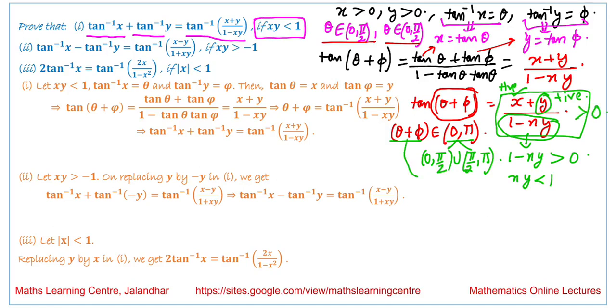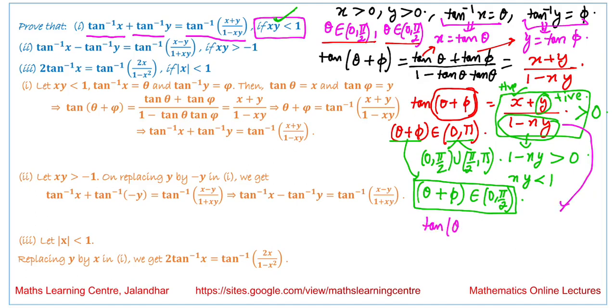This whole term will be greater than 0. It means in this case the value of theta plus phi will belong to the interval 0 to pi by 2. Writing that x into y is less than 1 is equivalent to writing that theta plus phi belongs to the interval 0 to pi by 2. And in this case the answer we obtain is, taking the inverse function over here, theta plus phi is equal to tan inverse of x plus y over 1 minus xy, because now theta plus phi belongs to this interval.